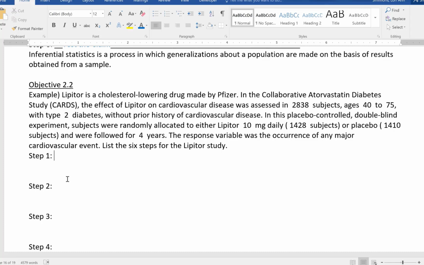List the 6 steps for the Lipitor study. The first step is to identify the problem to be solved.